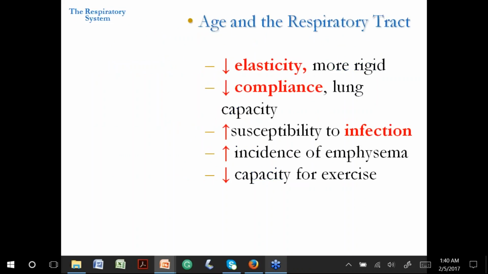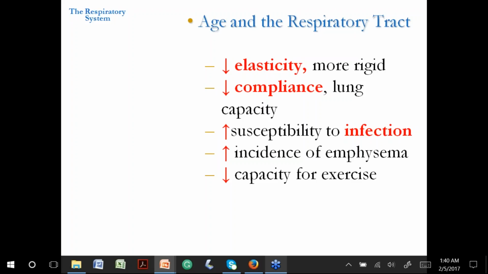With age, basically everything is going to decrease. Elasticity and compliance. Compliance is, for example, if you have a balloon that you blow in, it's easier to blow air into the balloon.